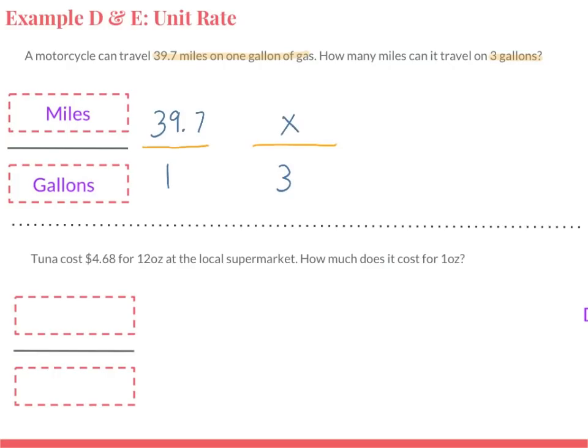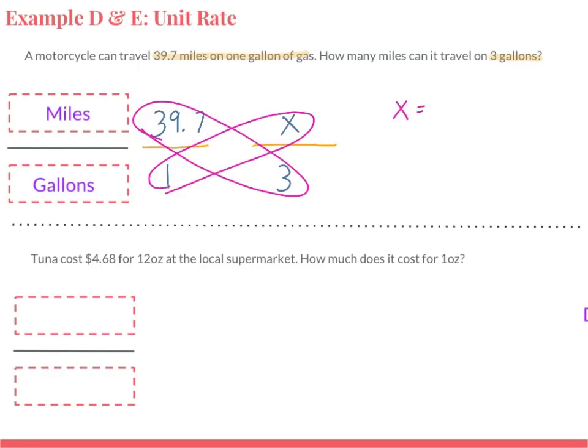Now that I've done that, my proportion is set up, so I'm going to begin my cross multiplication. So 1 times x, and then 3 times 39.7. 1 times x is x, and 3 times 39.7, again, if you can't do that in your head, please use your calculator, is going to give us 119.1.